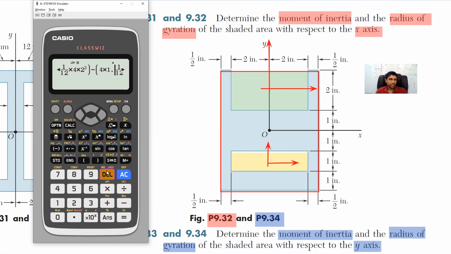Actually, we have to edit the previous calculation. No need to use the parallel axis theorem.